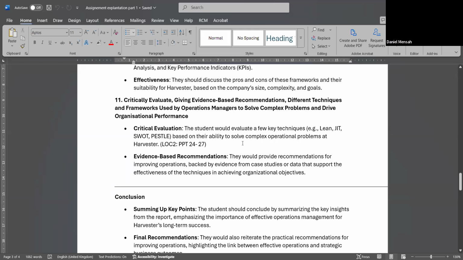Maybe you are reading journals and articles; you can give the references of those when providing recommendations. If you say you need to use this technique, you need to give the evidence where it is mentioned that this technique is useful to resolve a certain kind of problem, and provide the reference and citation.